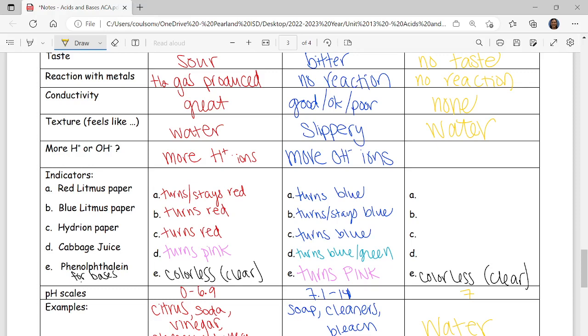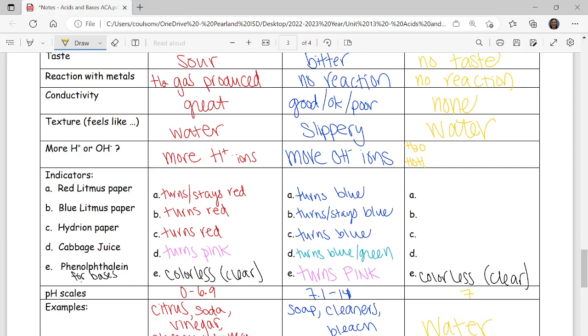And then this question, my 7th period kind of struggled with. Let's see if y'all can get it. Would water, remember that water is H2O, or we also write it as HOH, would water have more hydrogen ions or more hydroxide ions? Raise your hand if you think hydrogen.